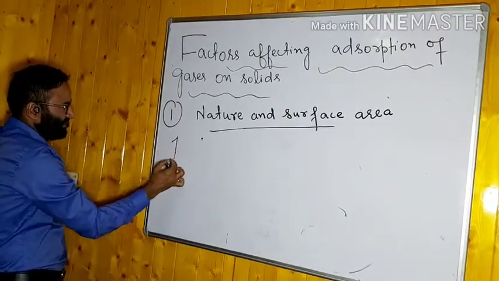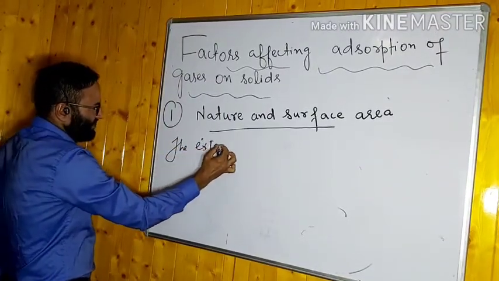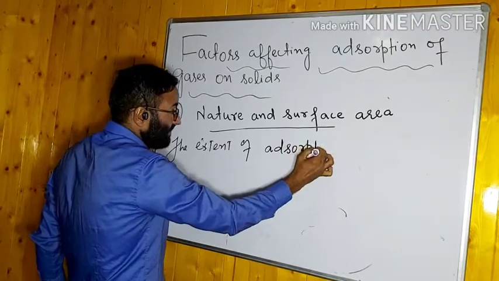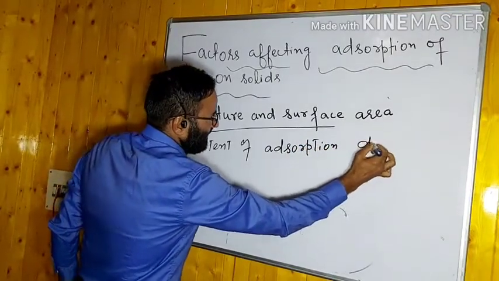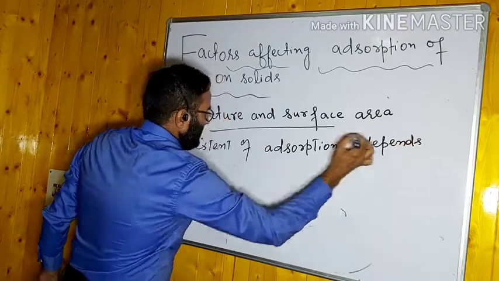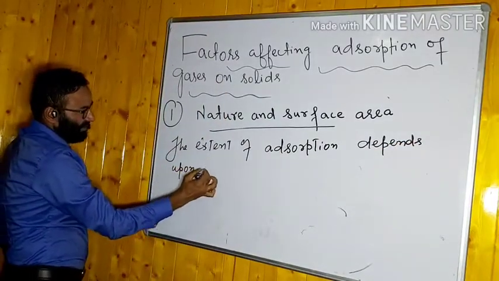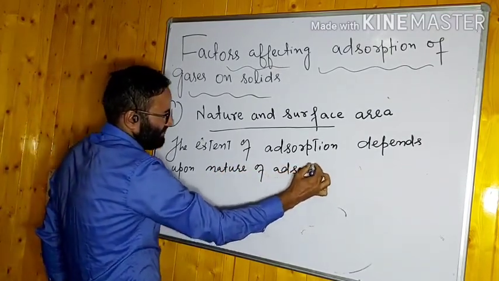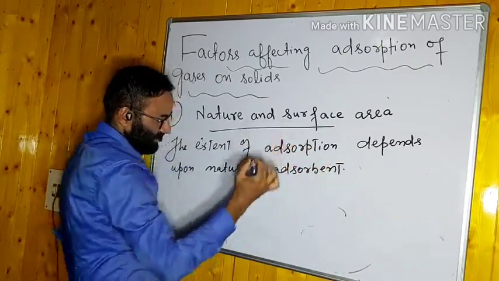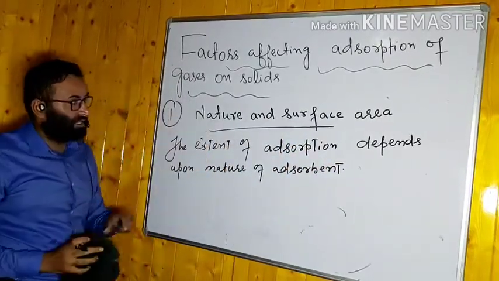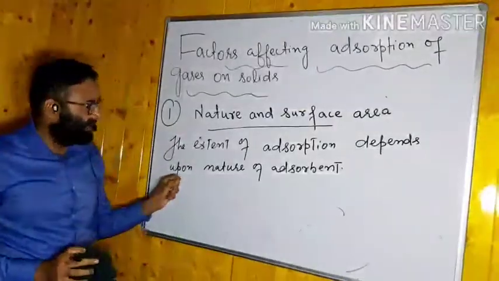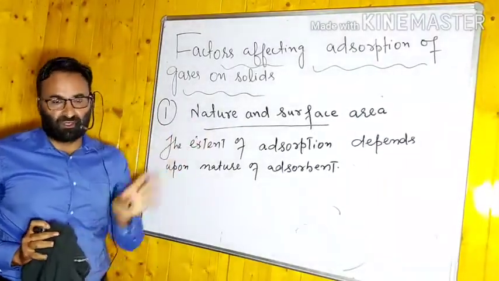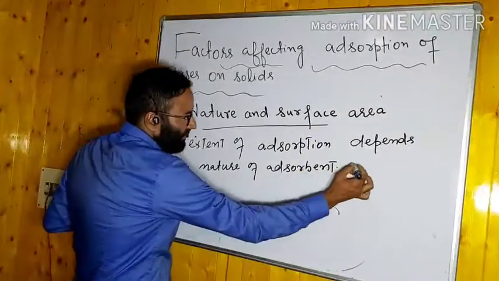The extent of adsorption, how much adsorption will occur, depends upon the nature of adsorbent. If you take different adsorbents, the rates of adsorption will be different. Remember this point.